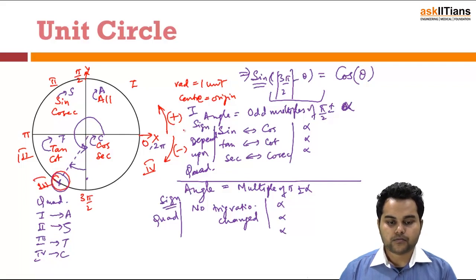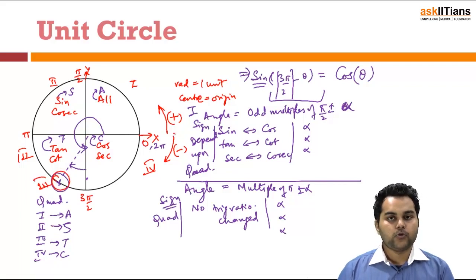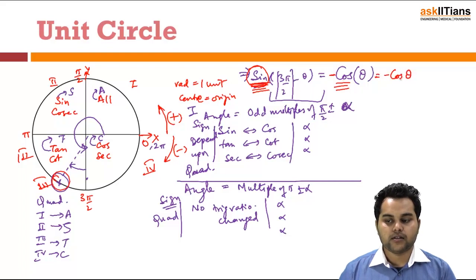I will not look at the right hand side for what the transformation has been, but at the left hand side for what the original trigonometric ratio was, that is sine, and it's negative in third quadrant, so I will have a negative sign over here. So that will give me minus cos of theta.